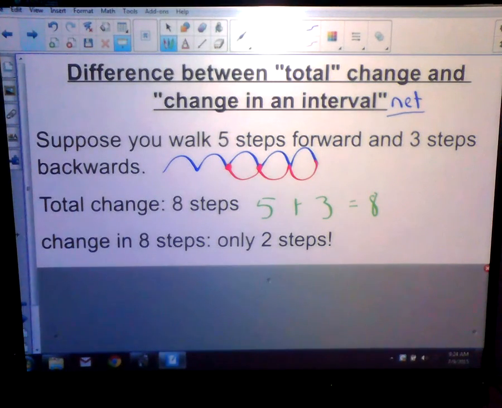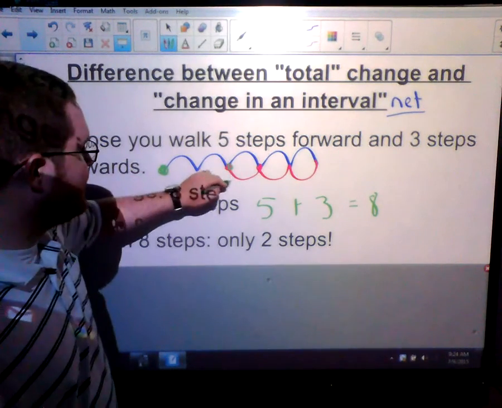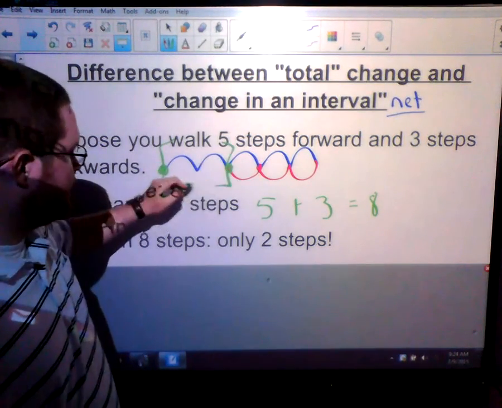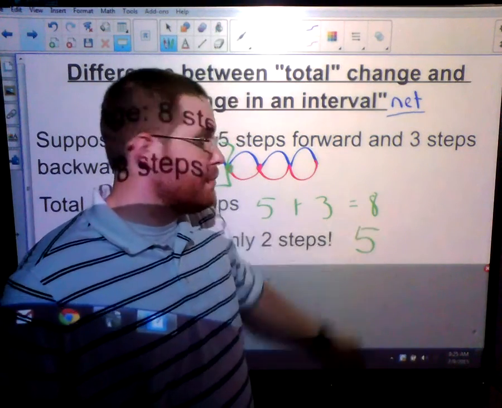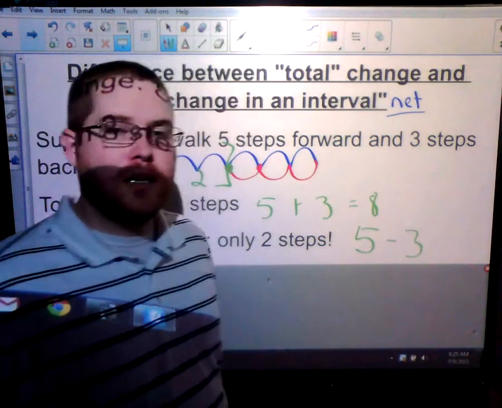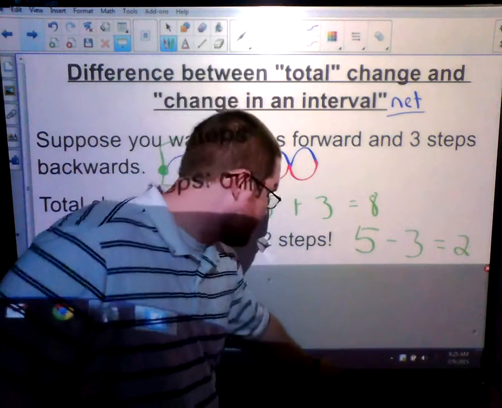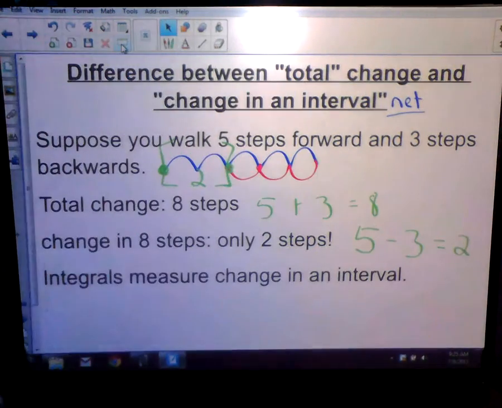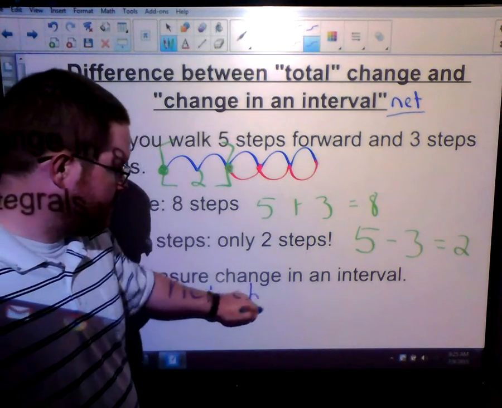But what is the change in 8 steps? Your change in 8 steps from your beginning point to your ending point is only 2. Because if you do the 5 steps in the positive direction minus the 3 steps because they're in the negative direction, you only get 2 steps. Integrals measure change in an interval. In other words, they measure net change.